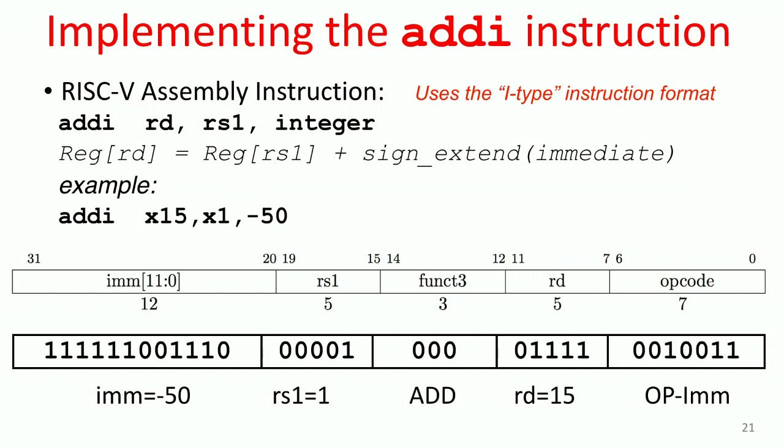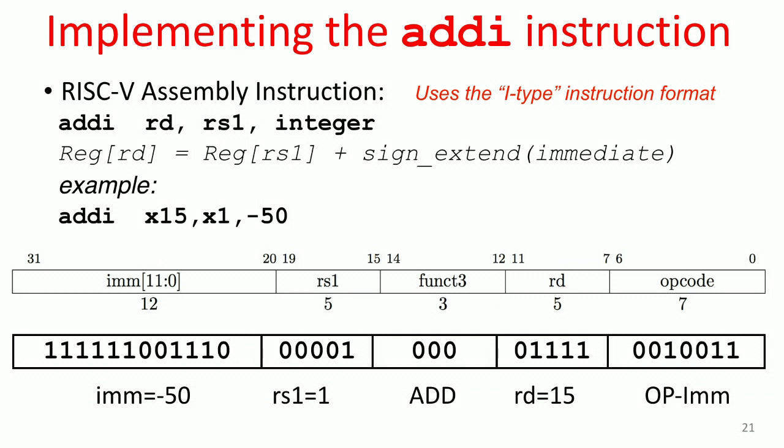All right. So this uses the I-type instruction format. Here's the format. It says addi into RD, RS1, and some integer. In this case, add that integer to the value in RS1 and put the result back in RD, in the register file. The immediate value is encoded inside the instruction.